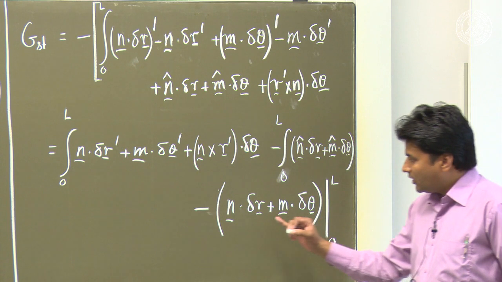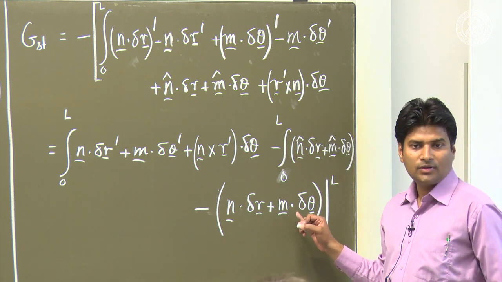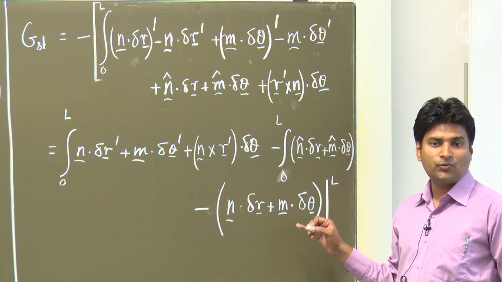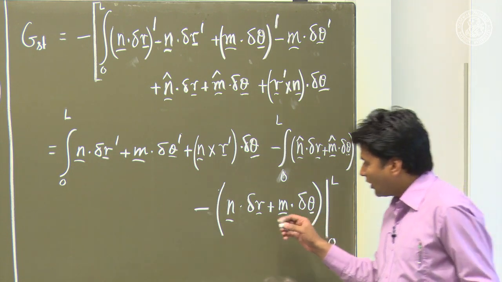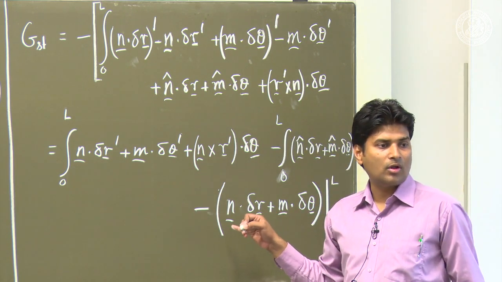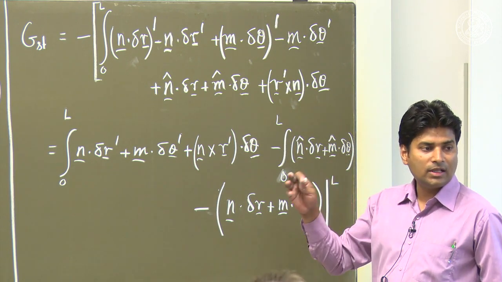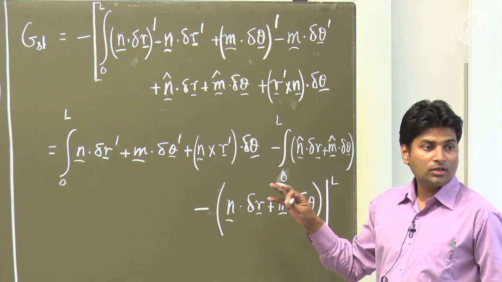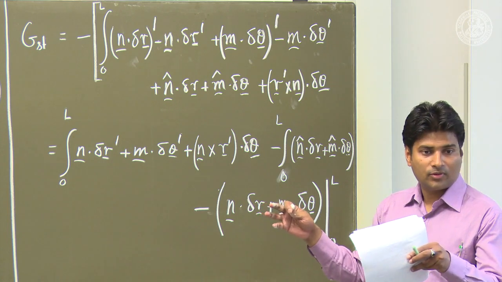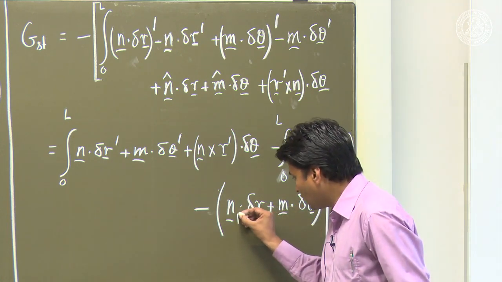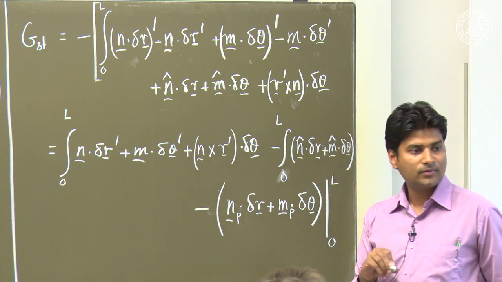And you see the n and m which are present here, they are at the boundary and they are the ones which are prescribed by the external agent. So they do not come from the constitutive law. We can't say that this n is equal to r times del psi over del v. It does not come from the rod's constitutive law, it comes from what we are prescribing. So these are n p and m p, the prescribed quantities.